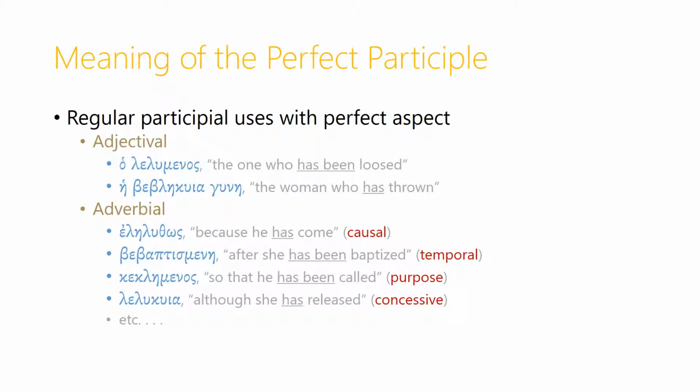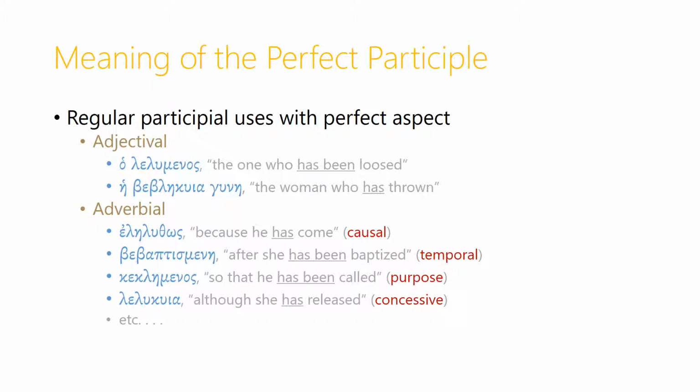So we can have participles that are causal, temporal, purposive, concessive, etc. But we still want to add in that "has" helper word in the English translation to remind ourselves that the perspective on the action is slightly different now. There's not just a plain presentation of the action, but the action's being viewed as specifically past with ongoing effects.